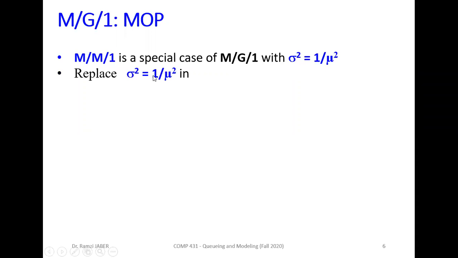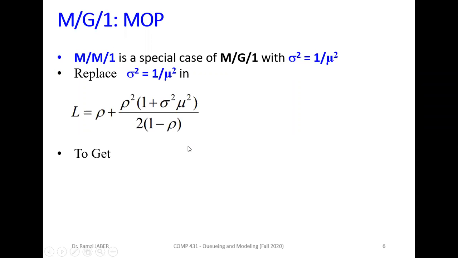Replace sigma square with 1 over mu square in this equation to get our old equation, L equals rho over 1 minus rho. So M/M/1 is a special case of M/G/1. This is the equation of L, and the other relations are known. Any question for M/G/1? It's fast definitions.